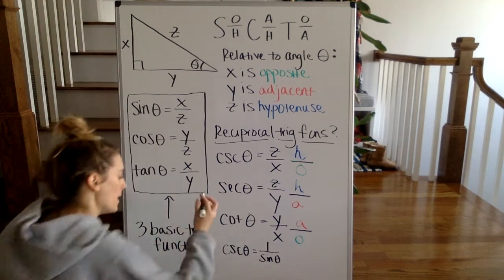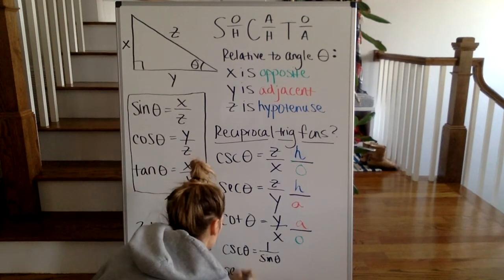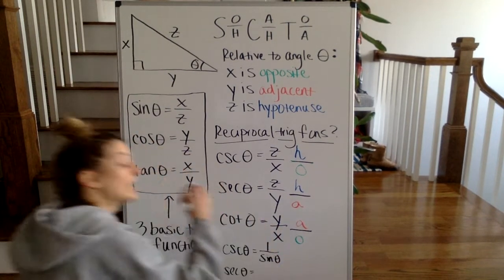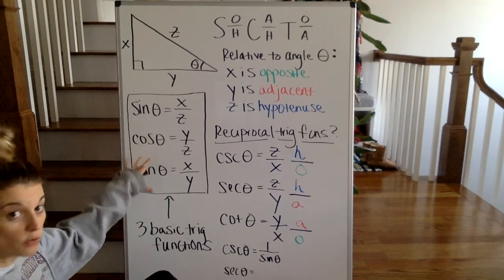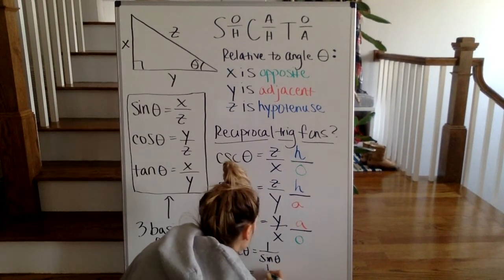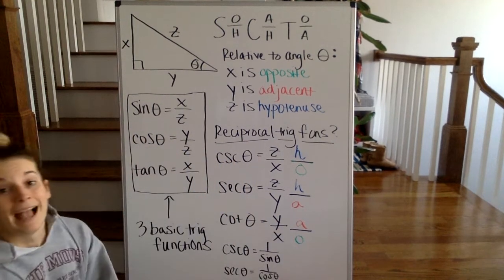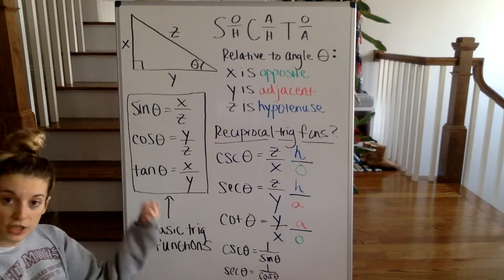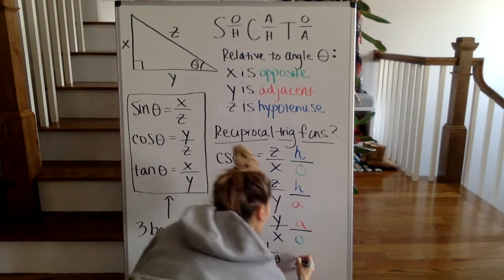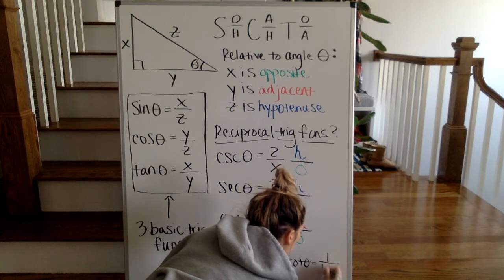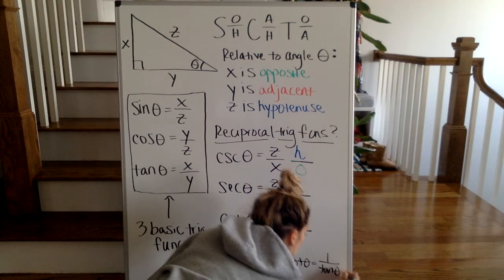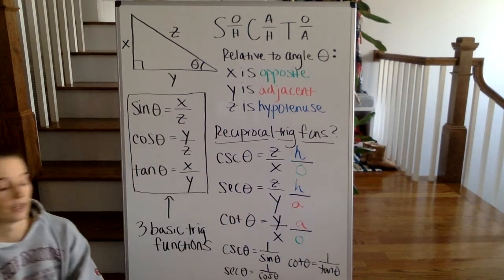We can keep this going. What about secant? If you're trying to come up with the secant of an angle, well, that's just going to be 1 over cosine of that angle. And you can evaluate that in your calculator. And then the very last one, cotangent, you guessed it, cotangent of an angle will be 1 over tangent of that angle in your calculator.